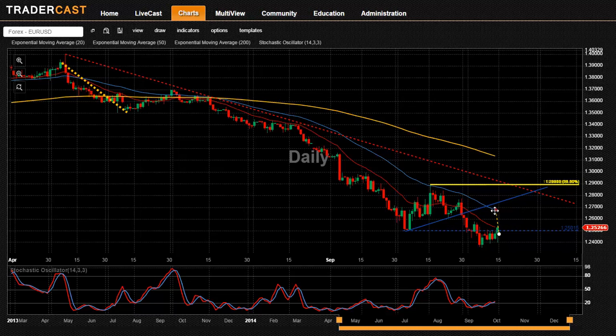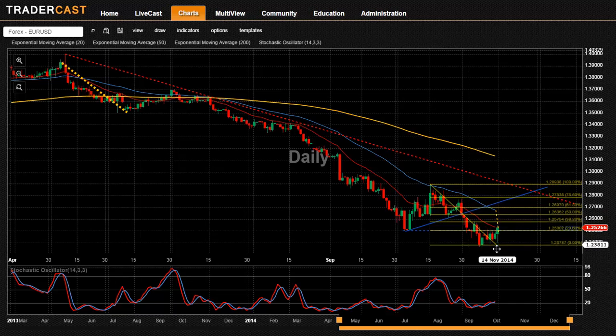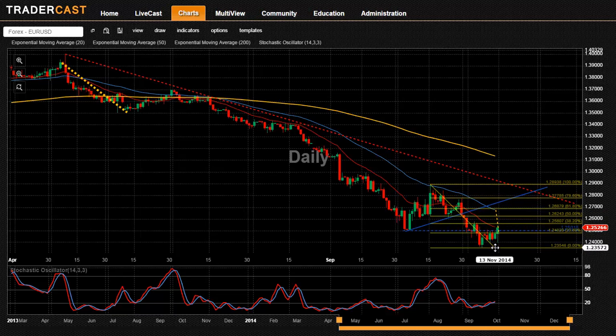The significance of that level is even bigger if I apply a basic fib and I go from the swing high to the swing low, and in that case that gives me a full 61.8 retracement at 26.87, call it 127. So the upside resistance is at 25.60, followed by 26.24, and very significantly 26.87.